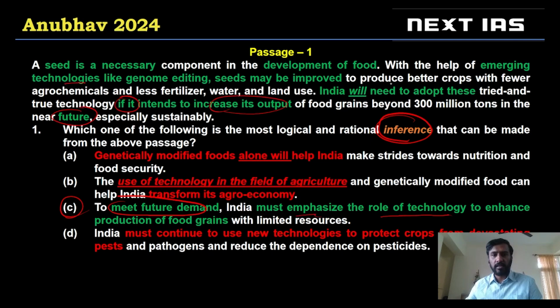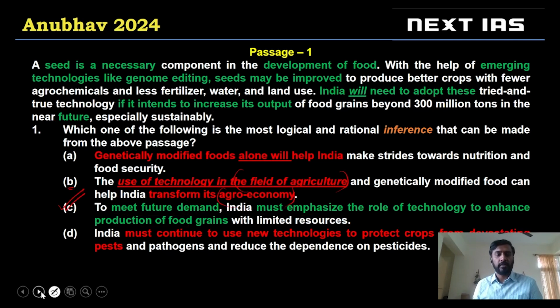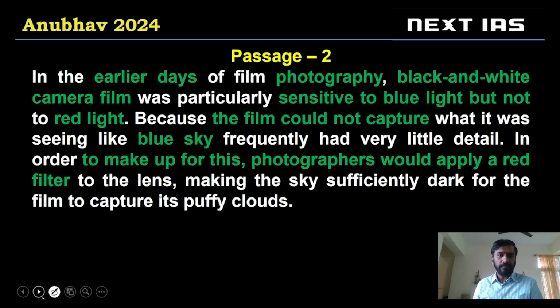So, technologies like this, India will need to adopt these to enhance production of food grains, again to increase its output with limited resources. All right. So option C is the correct choice for this question. Some of you may have gone with B, but this in the field of agriculture and agroeconomy especially make option B incorrect. Okay. Now let's look at the next passage.